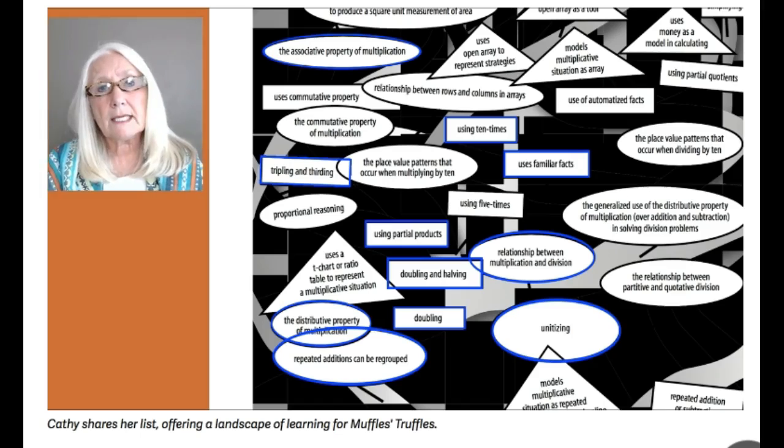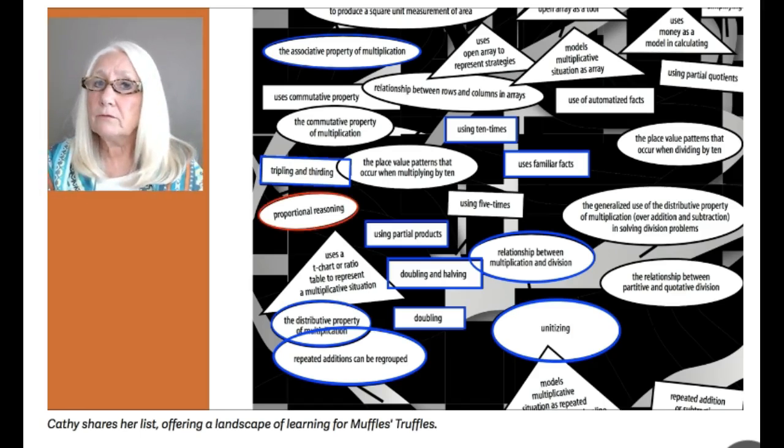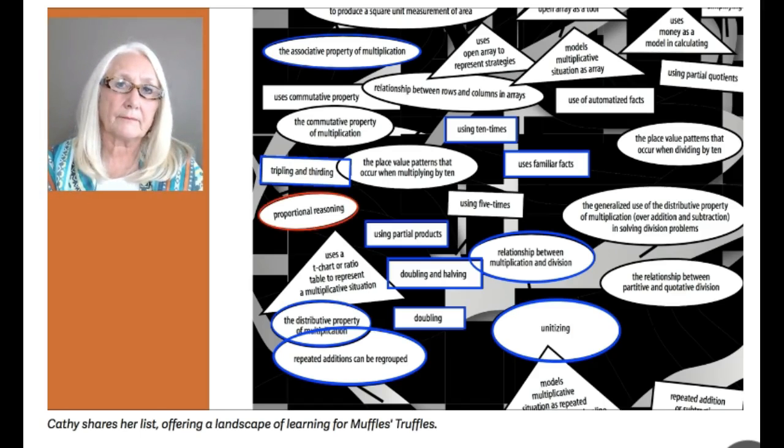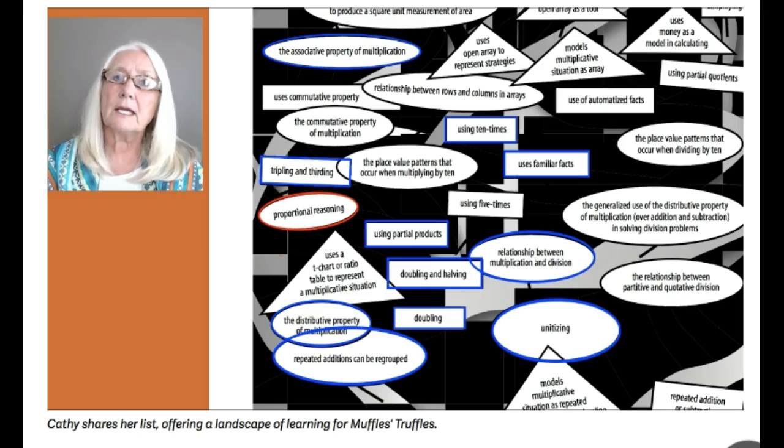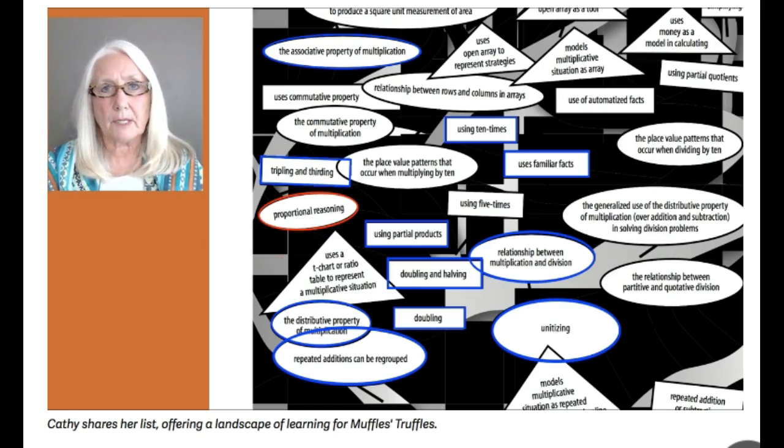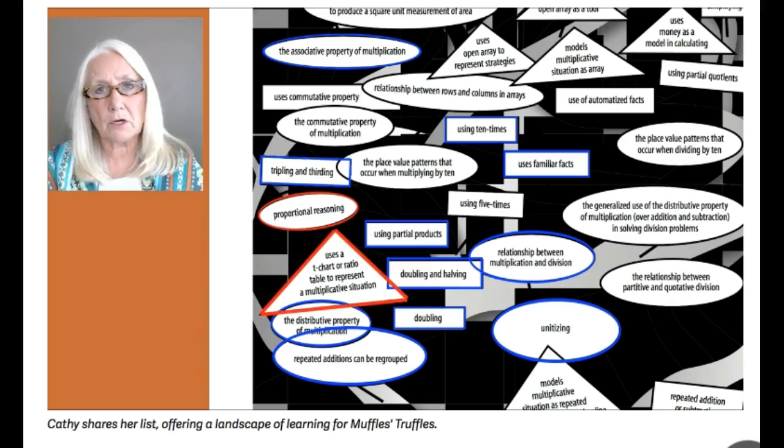We also see proportional reasoning evolving. If they know that 2 10s is 20, then 4 10s is double it. It's 40. 8 tens would be double the 4 tens. We can play with ratios on a ratio model, with proportional reasoning being the big idea.